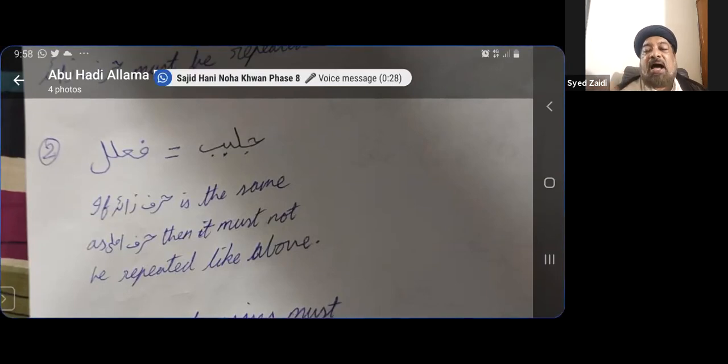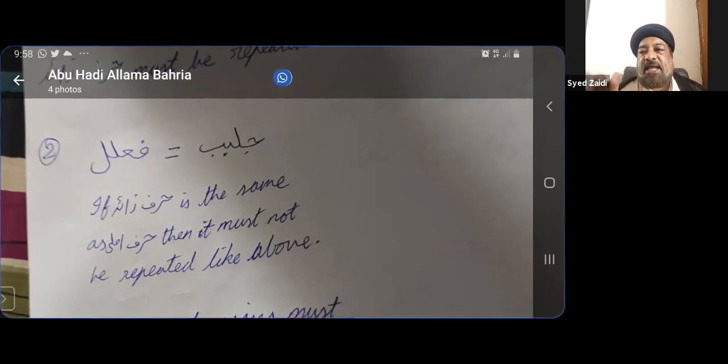Why? Because ba and ba, both are the same, but one is asli and one is zaid. Therefore, this formula is the second example of the change that occurs in a word and what you're supposed to do on the word scale. Now let's go to the third example.